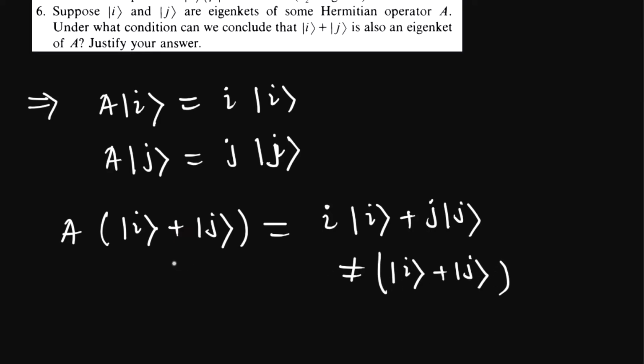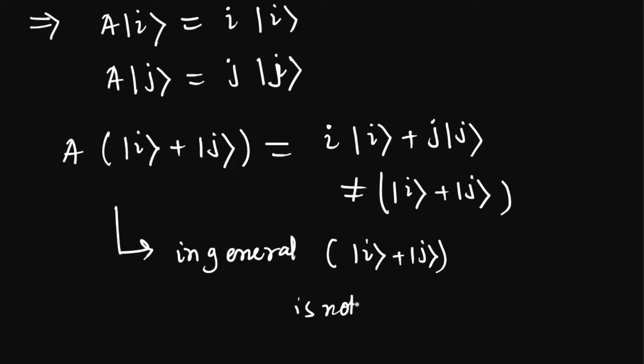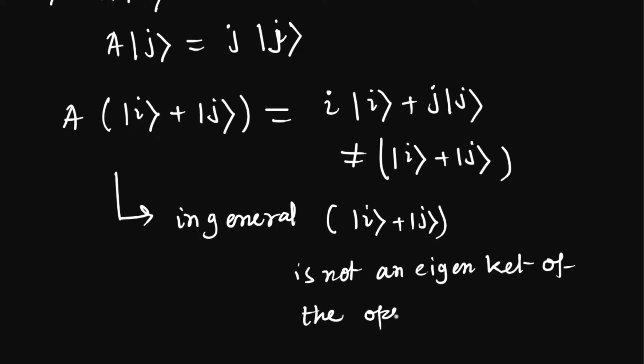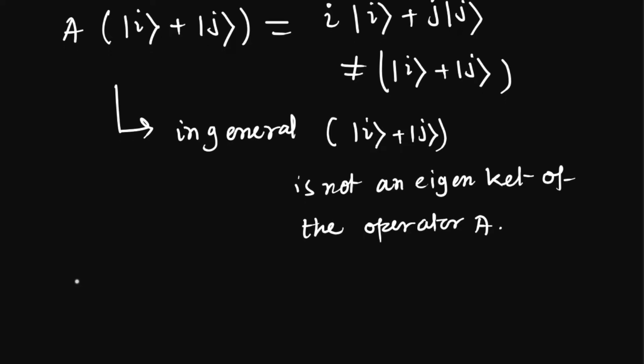That means in general this state |i> plus |j> is not an eigenket of the operator A. But suppose that |i> and |j> are degenerate eigenkets and the corresponding eigenvalue is the same.